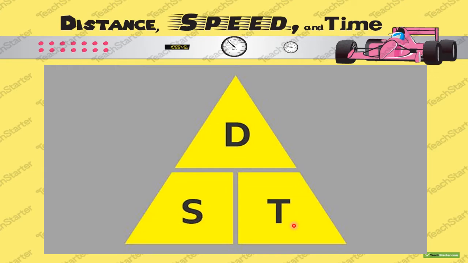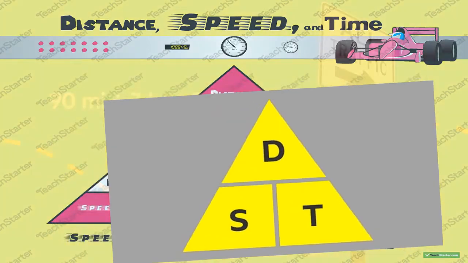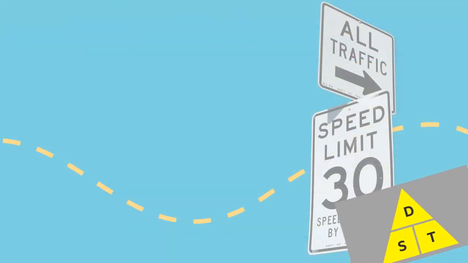So let's elaborate on this triangle. This triangle is just a cheat sheet for us to easily remember the formulas for distance, speed, and time. As you can see, the letter D is always at the top of the triangle, and S and T are beside each other.